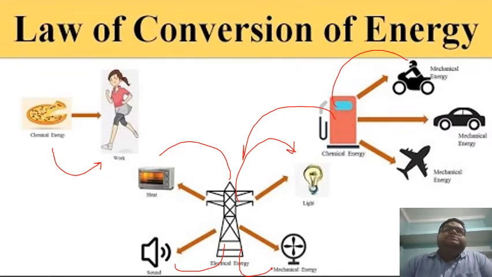And to say that energy is getting changed from one form to another, there is a law that has specific postulates that describe how the energy can change from one form to another. So students, let's now learn about the law of conservation of energy. Okay, students? Right.